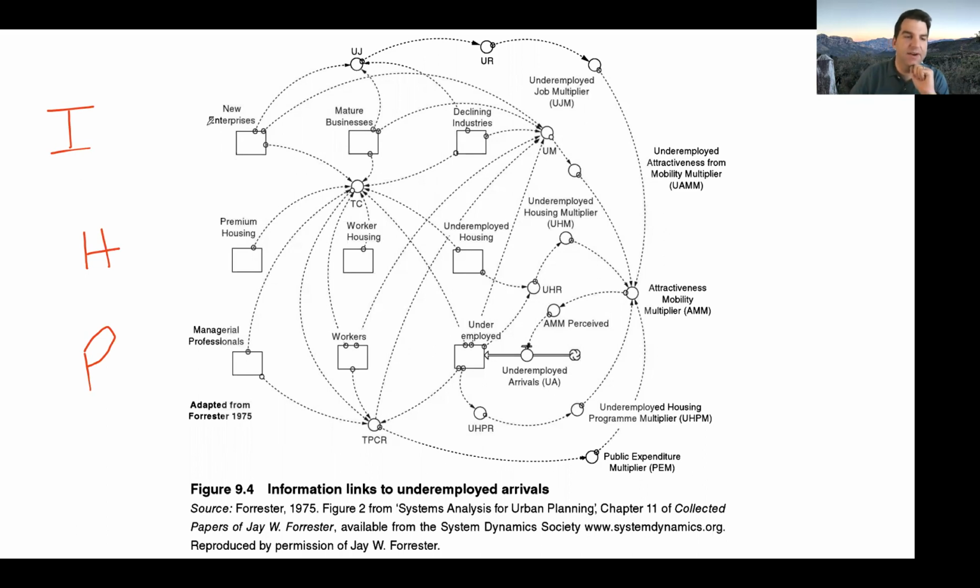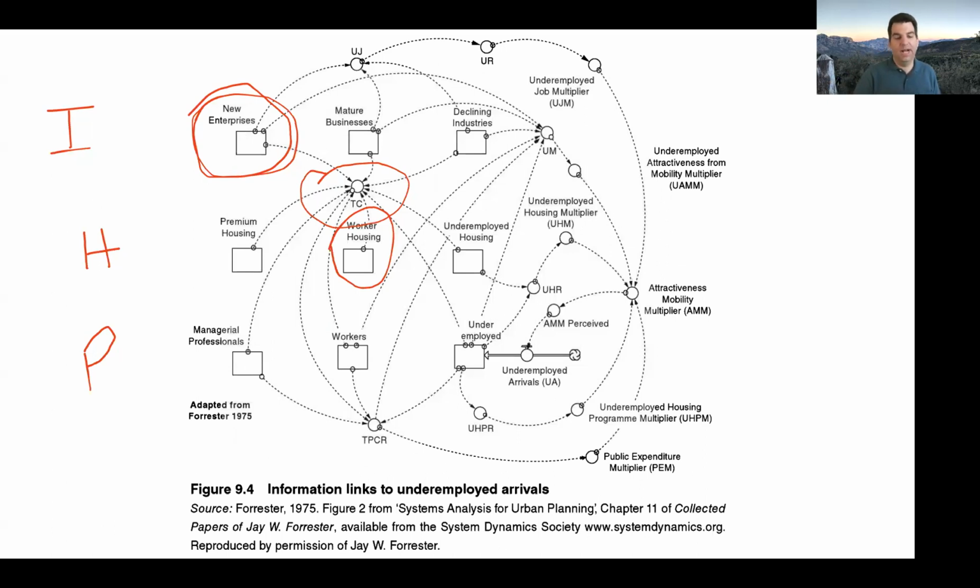So how many new enterprises are available will have an effect, along with worker housing, on aspects of attractiveness, for example. The attractiveness of a city is going to depend upon how much housing is available and what industries are available to move into. So all of these things can end up working together to affect each other and to affect other aspects of the model. And that's what this complicated coordinating network is supposed to be communicating.